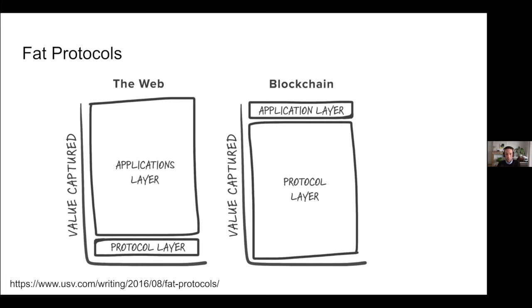What we see now with blockchain is that the value that's captured by the ecosystem at large is way more positioned on the protocol layer, and so the regulatory power that comes from the protocol and the design of the protocol is actually bigger now than the regulatory power that comes from applications in the Web2 environments, because the regulatory power of Google, Facebook, and other big companies is of course very noticeable.